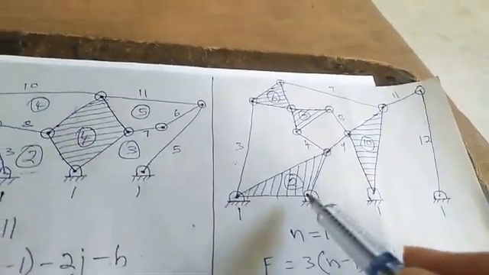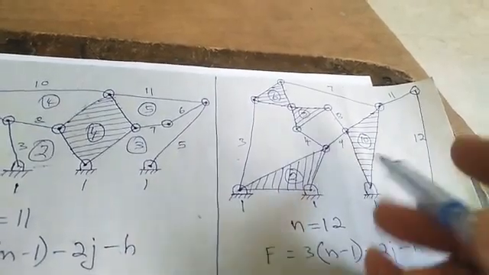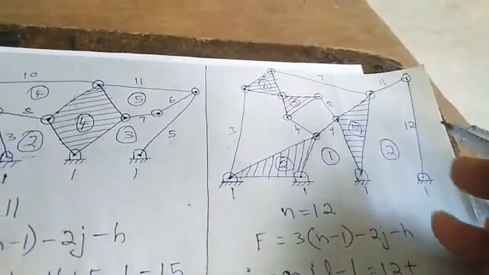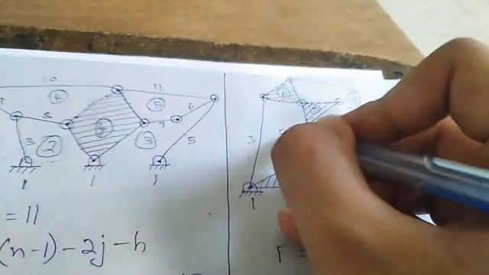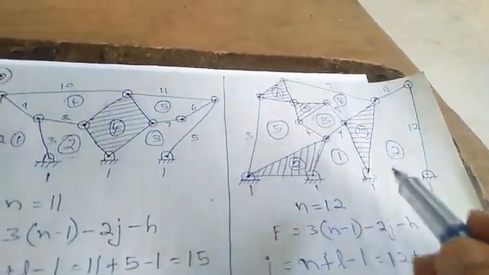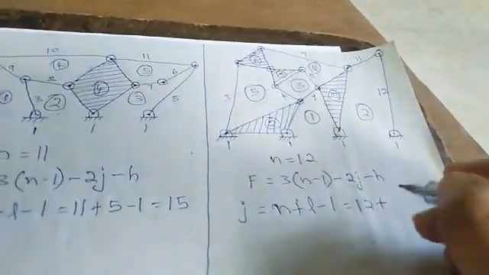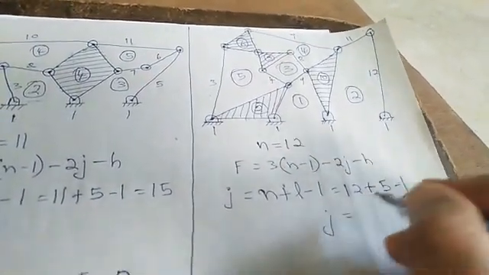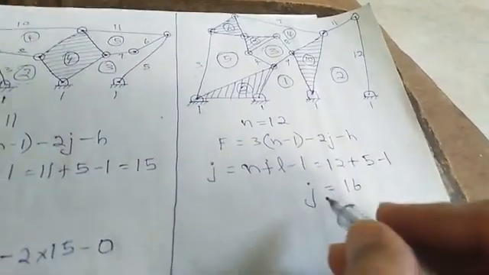Here if we draw a straight line here, this will become loop 1, and if I draw a straight line here, it will become loop 2. This is loop 3, this is loop 4, and this is loop 5. So in this figure there are 5 loops. So we'll write 5 minus 1. So the value of j becomes 12 plus 5, 17 minus 1, 16. The value of j is 16.